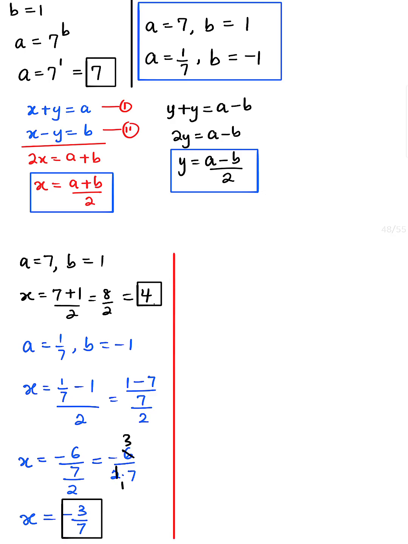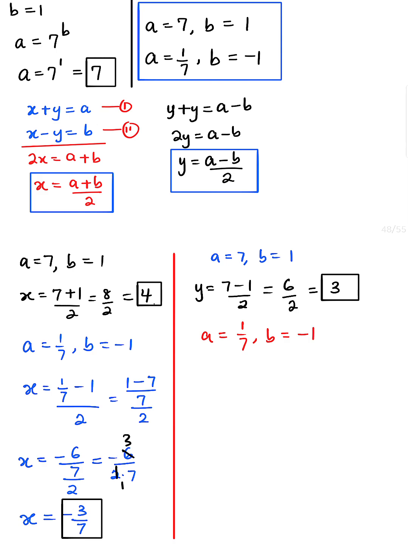So let us now also solve for y. When a equals 7 and b equals 1, y will then be, take note, this is the equation for y, 7 minus 1 all over 2, which gives us 6 over 2, giving us 3. Now when a equals 1 over 7 and b equals -1, let us find y.